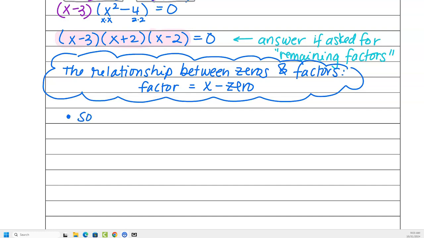Okay, so we are given a root, that we are given that negative 3 is a 0 in the original problem.